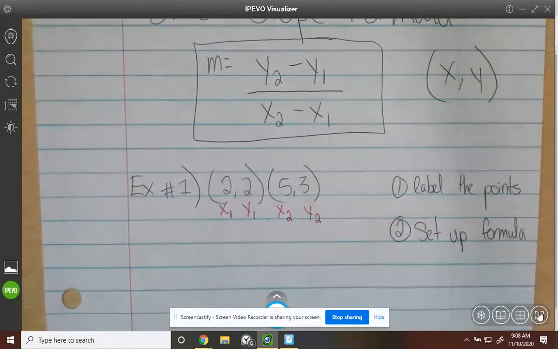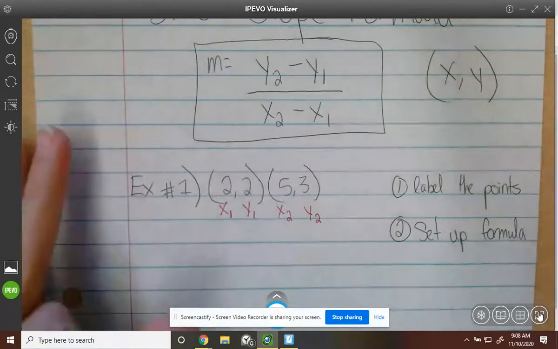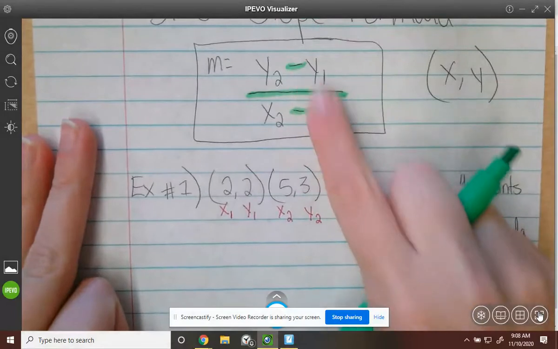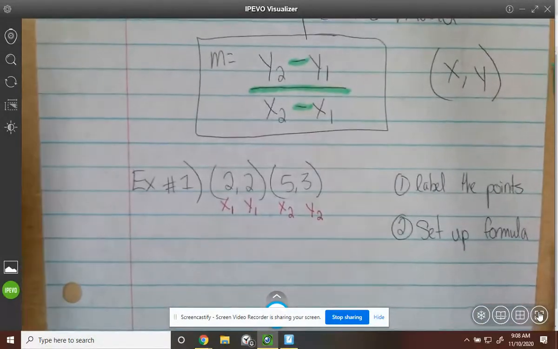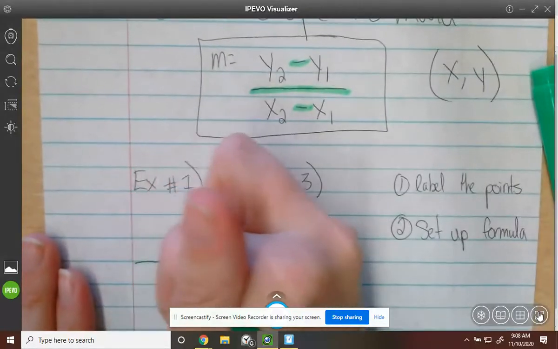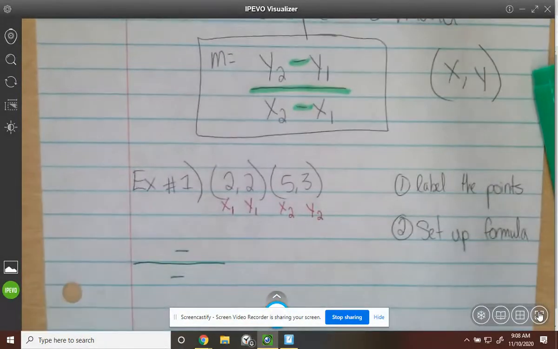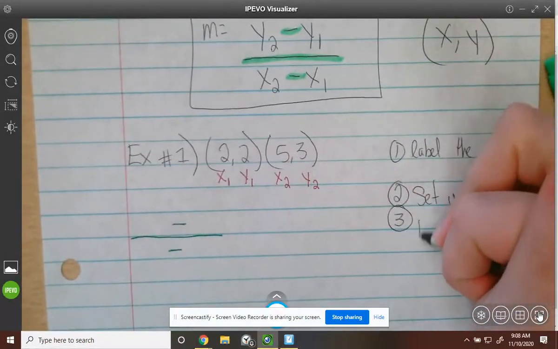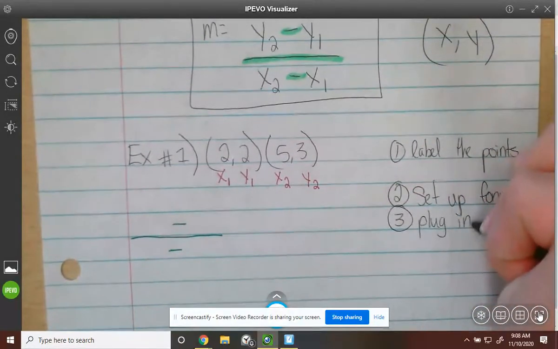Whenever I say set up the formula, I mean I want you to set up these parts that do not change. So I want you to do a minus sign, division sign, and a minus sign. Just like that.